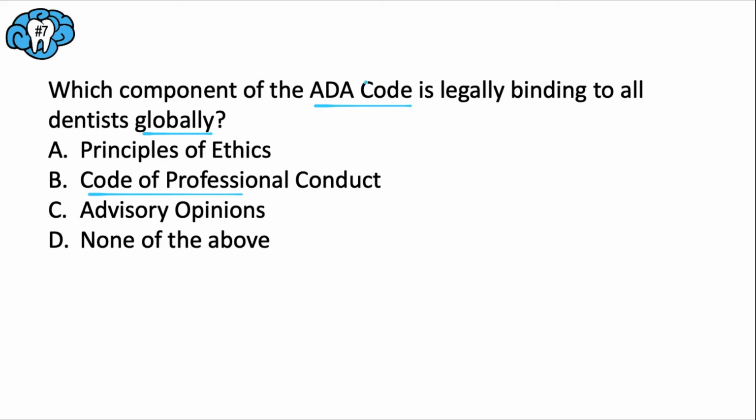So while the ADA code provides excellent guidelines for all dentists, only members of the ADA are legally bound to the Code of Professional Conduct. So for this question, how it's written, the answer is D. None of these three features of the ADA code are legally binding to all dentists in the world.